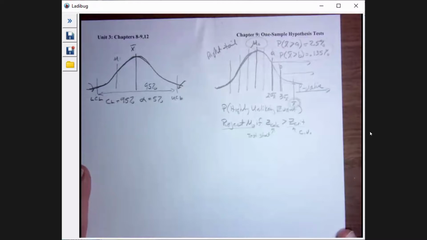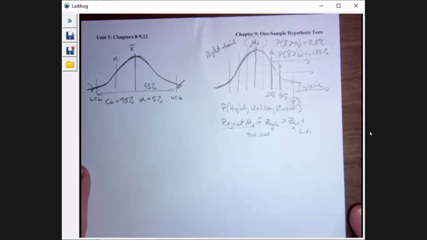What does it mean if your p-value is really small? That there's a lower chance of it occurring or being that far away. Yeah, exactly. It means that it's very unlikely that you got that just by chance.